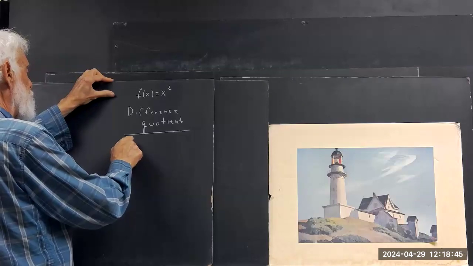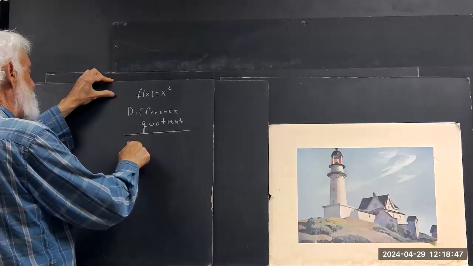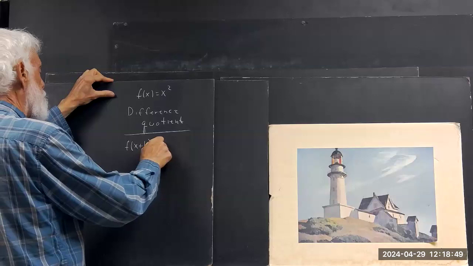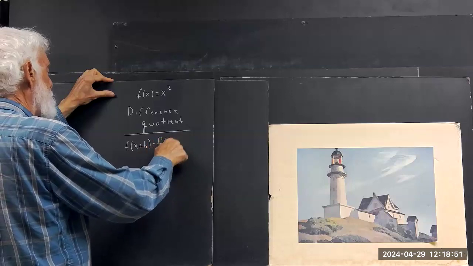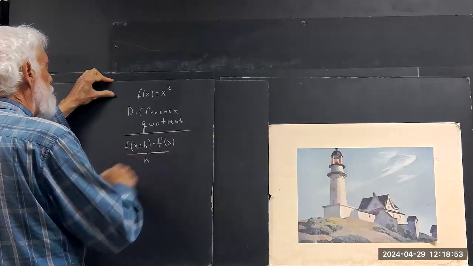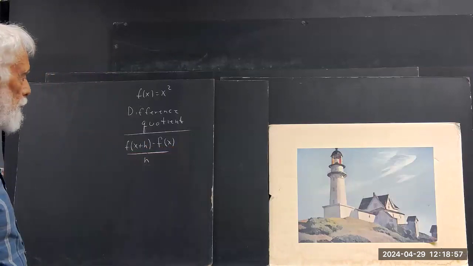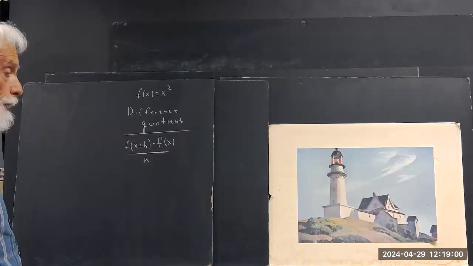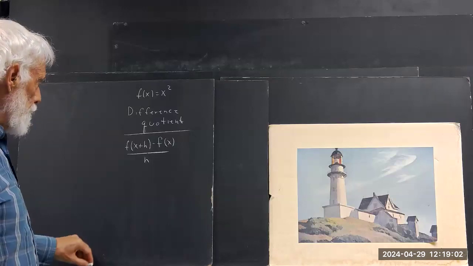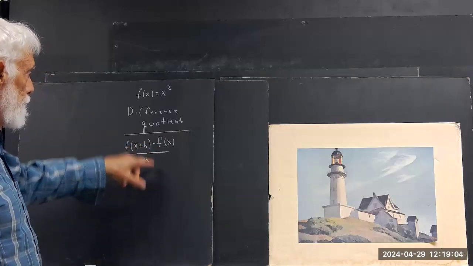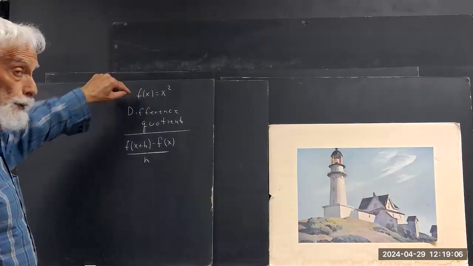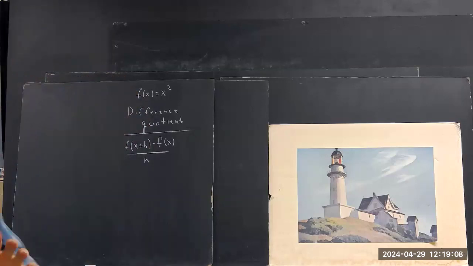Difference quotient is this. f of x plus h minus f of x, all divided by h. So I'm going to ask you if you can write that out and simplify it for this function. And that'll be a good review of a lot of things that we need to do in the course. We've got a couple of minutes to do that. See if you can.